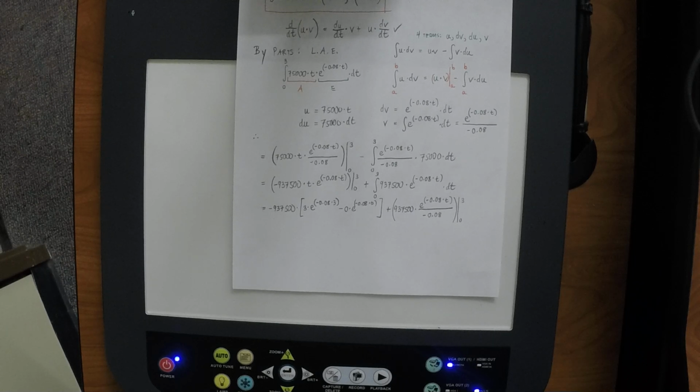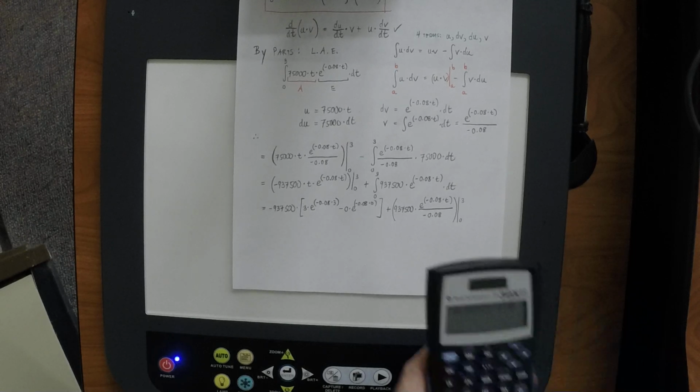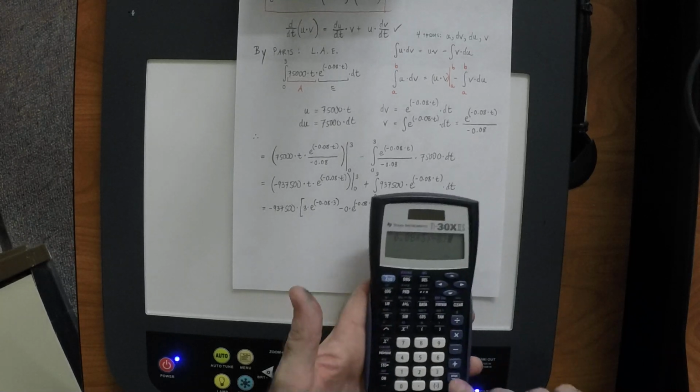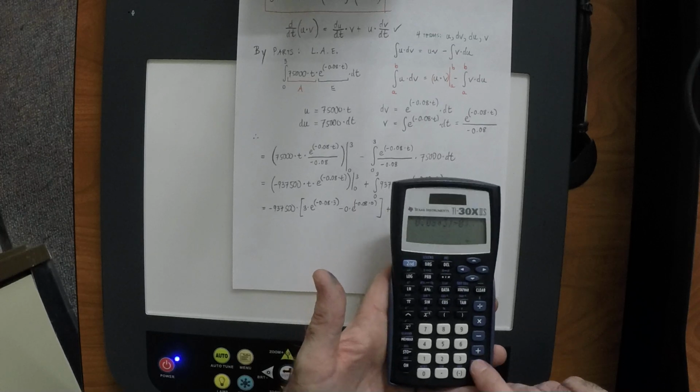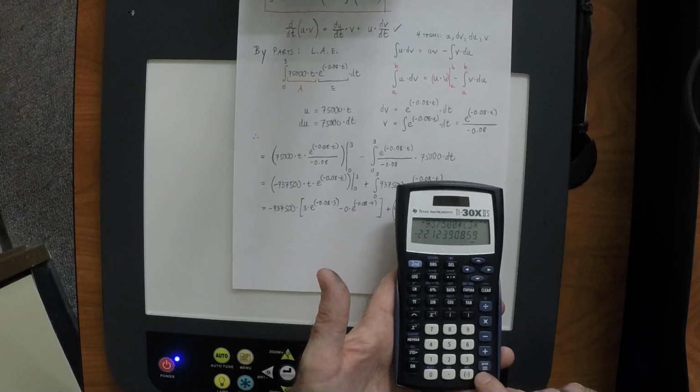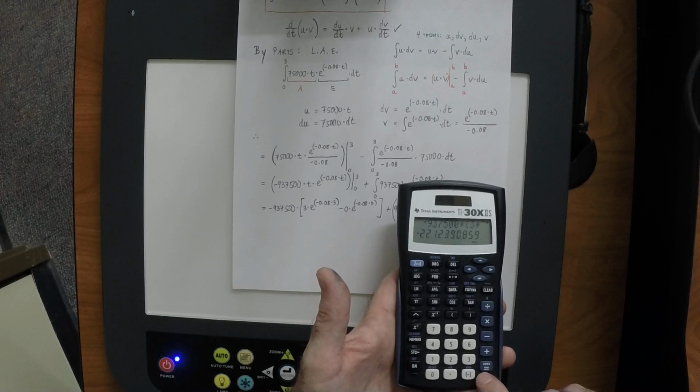Okay, so then now would be a good opportunity for you to see if you can get your calculator to do the same thing, right? Because eventually it's going to be between you and the machine. So typing that into the calculator there, I get the number. Okay, so then I'll write that down.